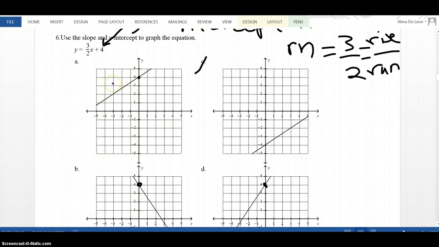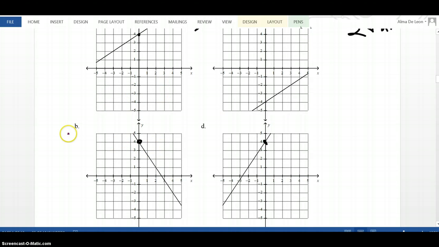That means my line needs to be going up. A is going up, B is going down, C is wrong, and D is going up, so D could possibly be an answer. So I narrowed down my search to A and D just by looking at the sign in front of the slope and by looking at the y-intercept.